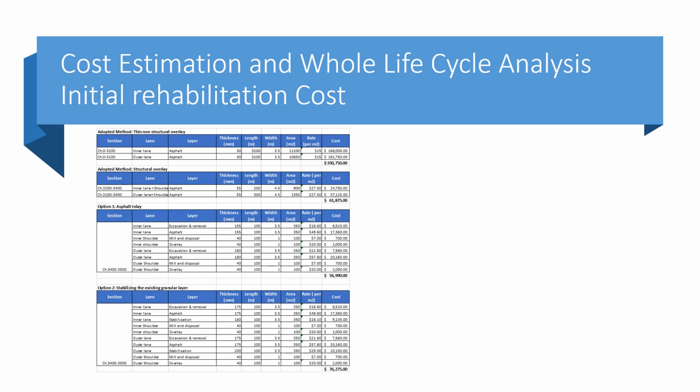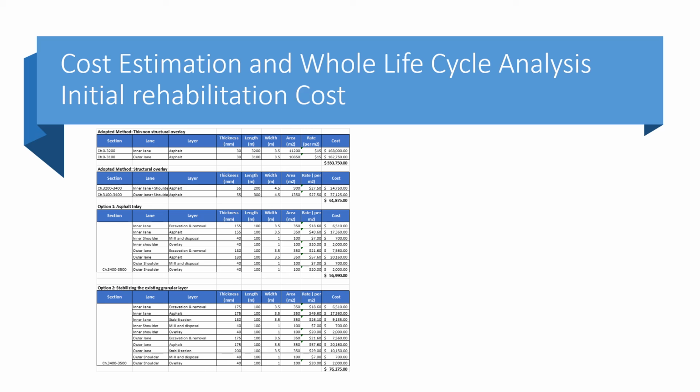The following are assumed for the initial pavement rehabilitation cost estimation. A 30 millimetre non-structural asphalt overlay has been proposed for chainage 0 to 3200 inner lane and chainage 0 to 3100 outer lane traffic lanes. Shoulder treatment is not considered for chainage 0 to 3200 inner lane and chainage 0 to 3100 outer lane.